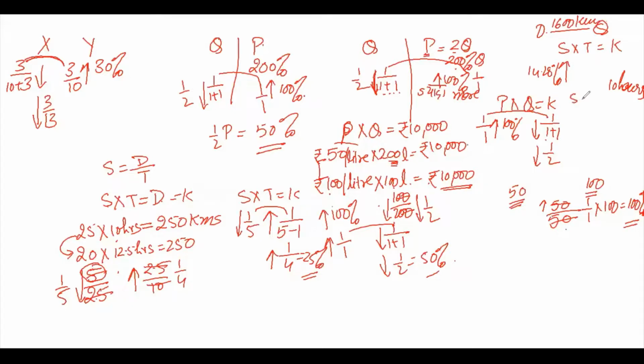Can you find out the initial speed and later speed? Initial and increased speed, if you can tell me. Understand the question? I'm going to a city from D to Q, which is 1600 kilometers far. My speed increases by 14.28%, which I'm sure everyone knows is 1 by 7, due to which I take 10 hours less.